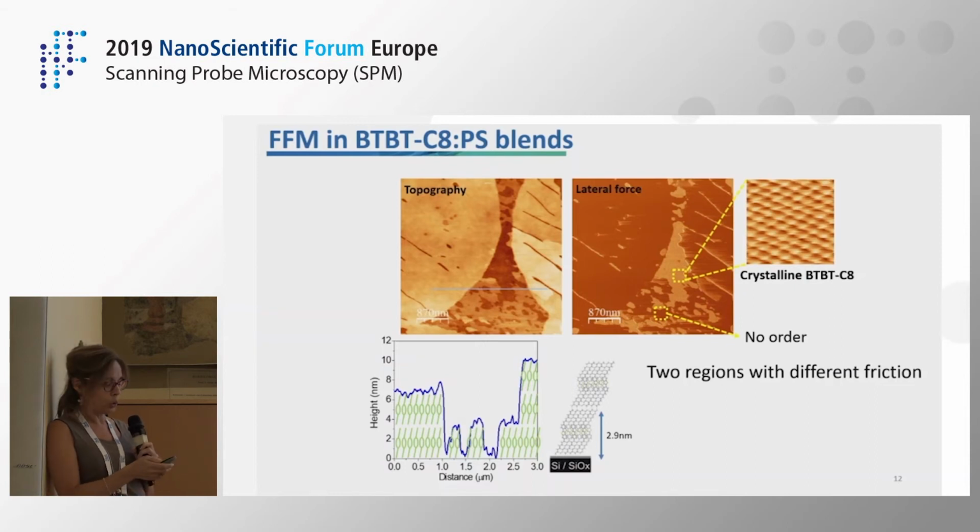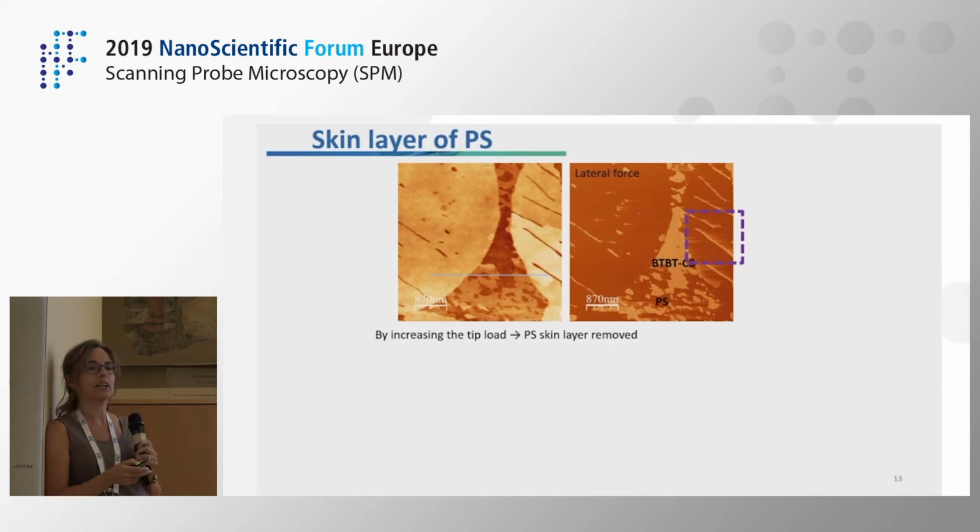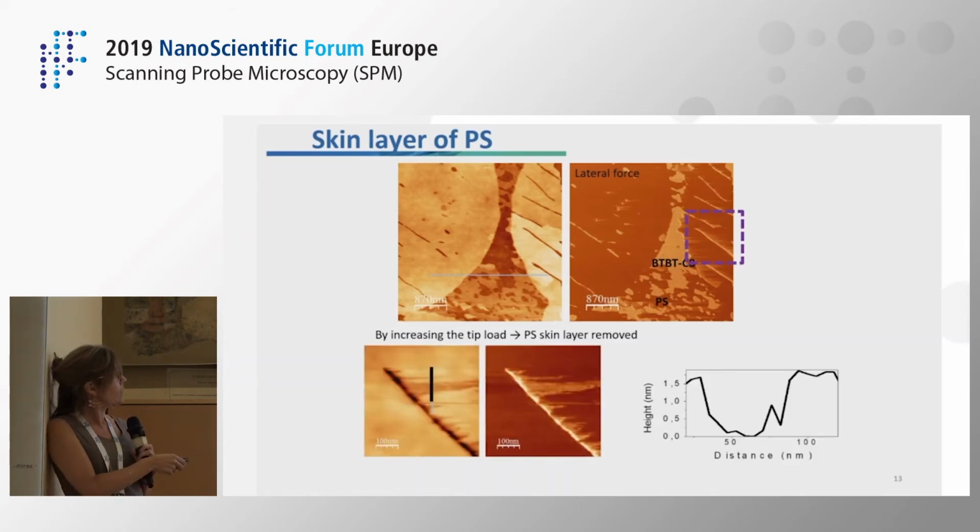So I will show you the analysis that we have performed, in this case for this particular ratio, 1:2, and then I will show you the results for the three blend ratios. So when we focus on the polystyrene areas, and if we keep scanning and increasing slightly the force, because I have to mention that we get these images by scanning in contact mode with the lowest possible load, then we can see that the polystyrene can be removed.